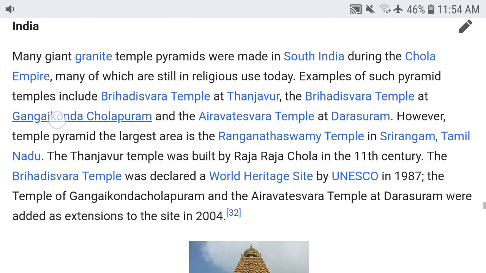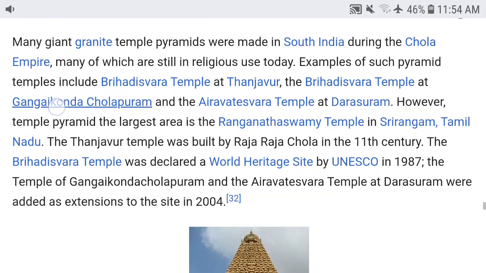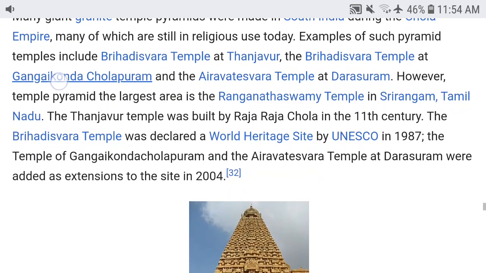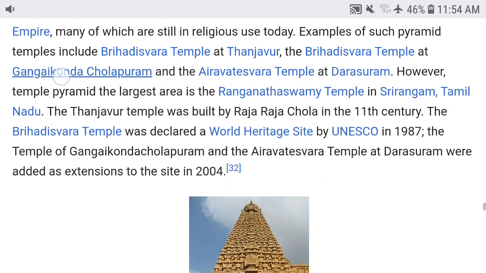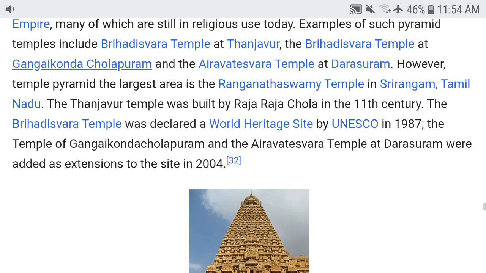Many giant granite temple pyramids were made in South India during the Chola Empire, many of which are still in religious use today. Yeah, I can only assume, right? Yeah, the temple, like I said, I think the pyramid is usually for a graveyard, a burial place, an altar, basically a graveyard, cemetery and stuff like that.